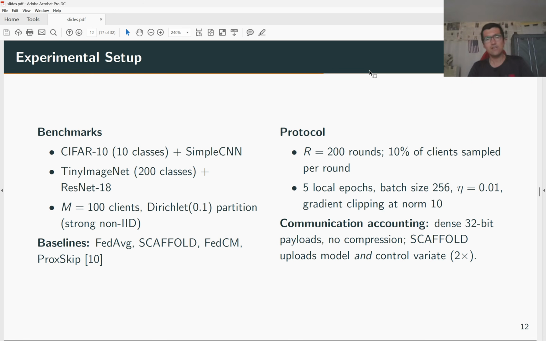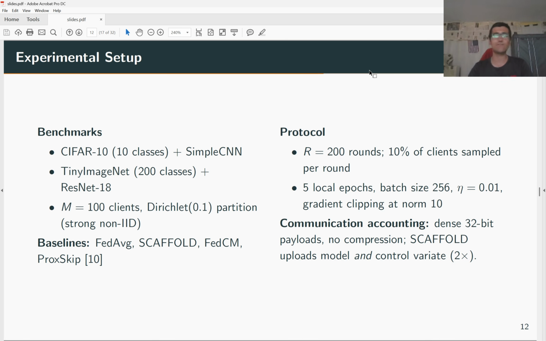In both cases, we partition the data over 100 clients with a Dirichlet concentration of 0.1, which is the strongly skewed distribution I showed you earlier. We run 200 communication rounds, sampling 10% of clients per round. Each selected client does 5 local epochs with batch size 256, learning rate 0.01, and gradient clipping at norm 10.